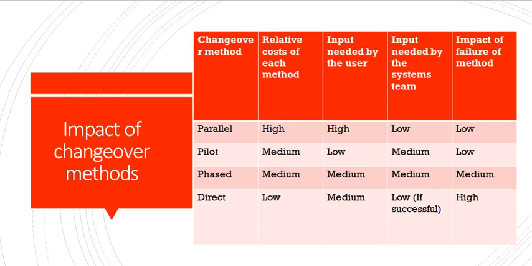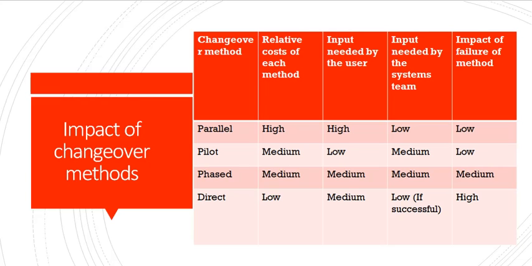Why? Because you're trying to run two systems at the same time. Input needed by the user is also high. The input needed by the systems team is low. The impact of failure of the method is also low, since both systems are running at the same time.